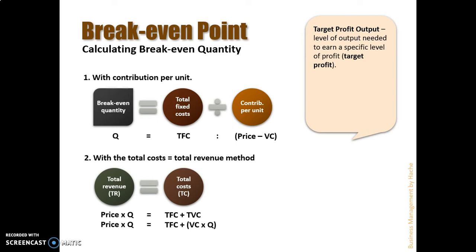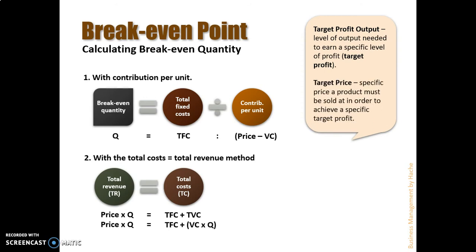So if you are planning to get some specific profit, this same formula, by replacing some variables and values, may allow you to get exactly how much you have to produce, the quantity, in order to get one specific level of profit. It's the same if you want to get the target price.